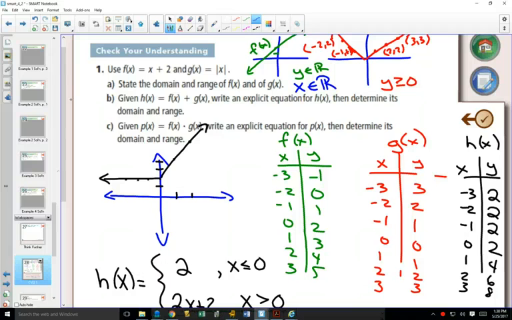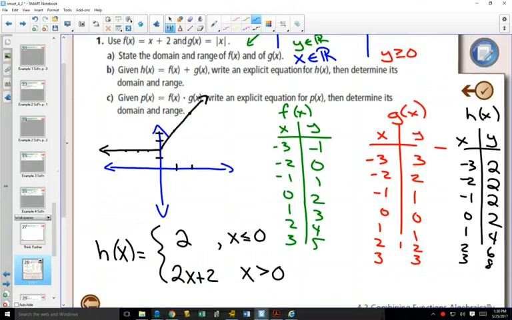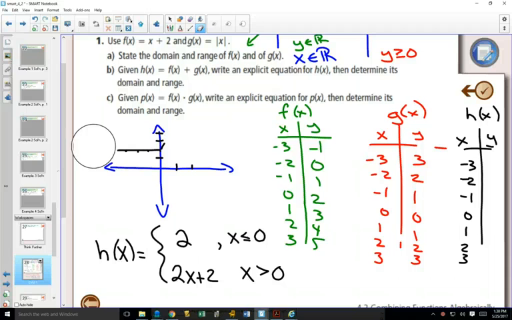Now in part C, it says take both of these graphs and multiply them. Well, if we multiplied them, I'm going to take this graph off, and now we're going to do P of x, the product.